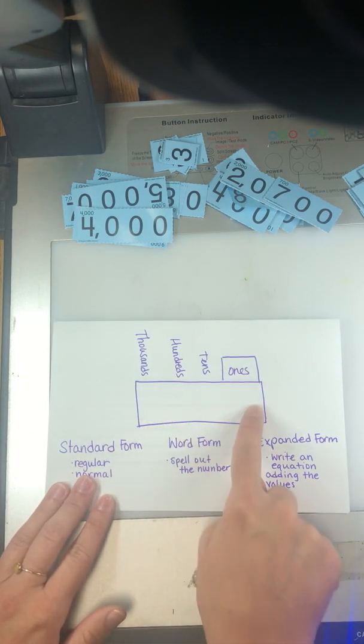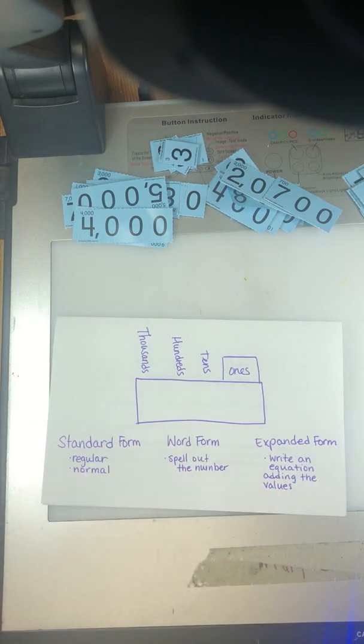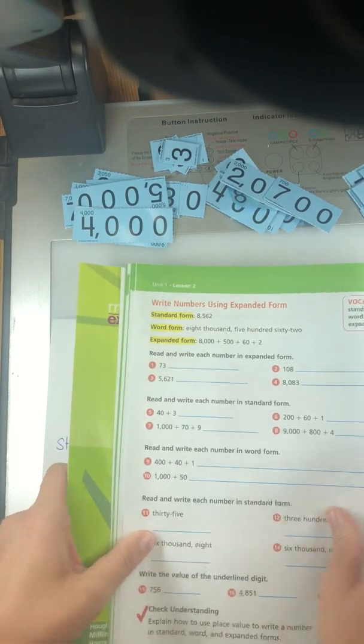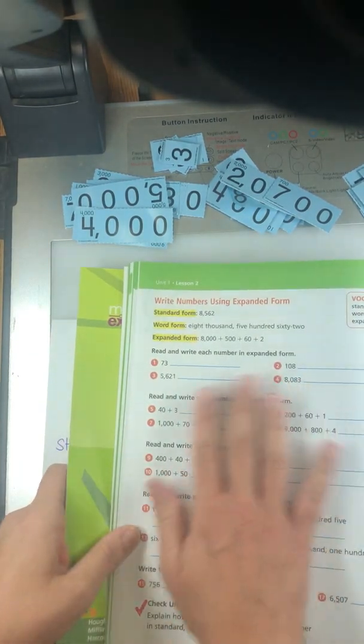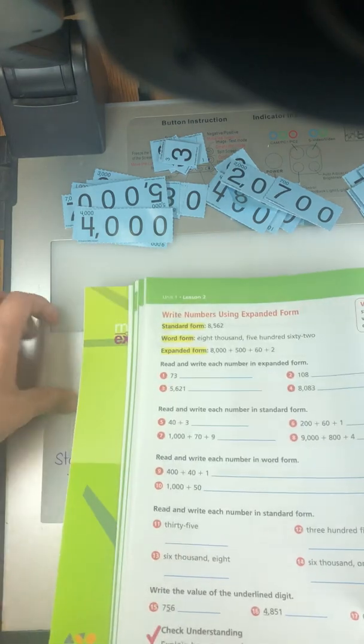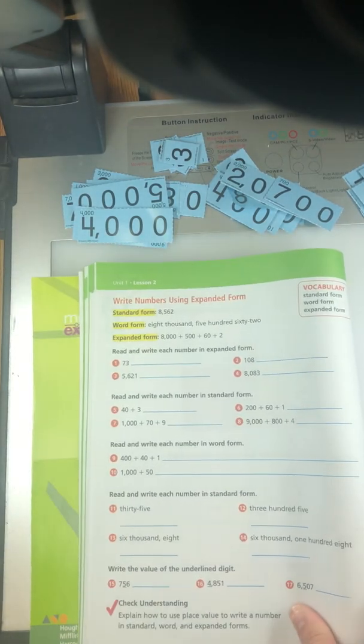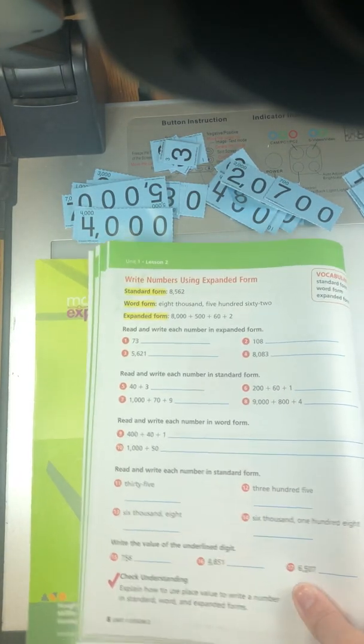This right here is just a frame that you can lay your blue cards on, but you also don't need to use it. If you would like to, it's on page 7 of the workbook page. So I'm going to go ahead and take a look at page 8. I'm not going to do the entire page. I'm just going to do a few problems with you, and then I want you to do your best to finish the rest.